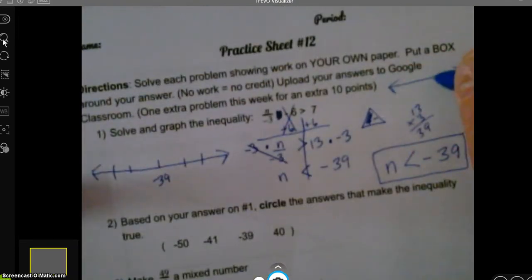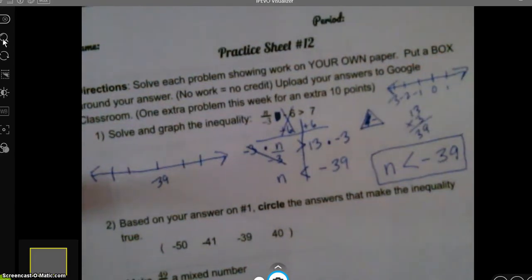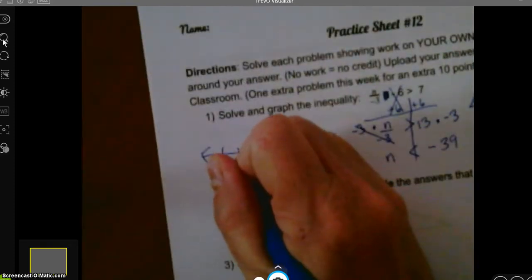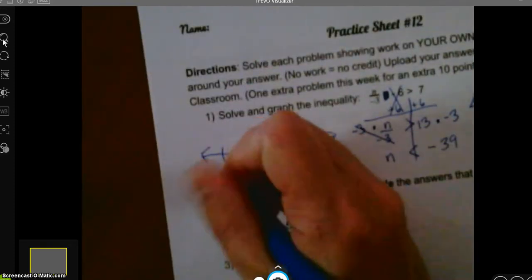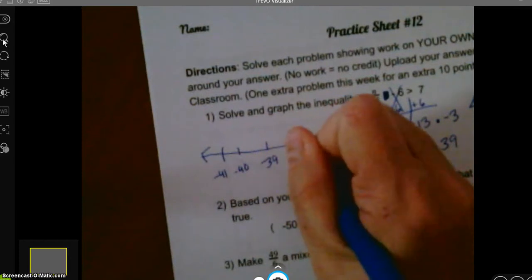Just to remind yourself, if this is a 0, 1, right? This would be negative 1, negative 2, negative 3. Notice it gets more negative as it moves to the left. Okay, so this would be negative 40, negative 41, negative 42, right? This way is negative 33, negative 37.